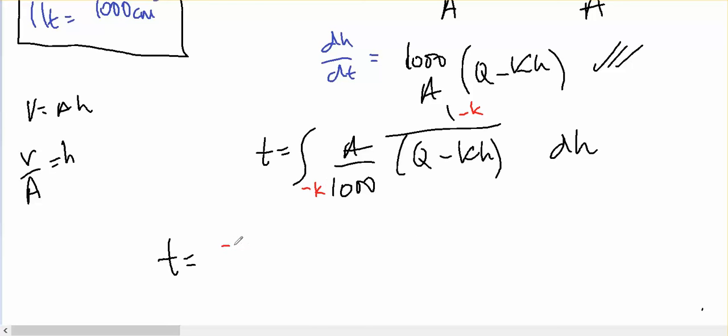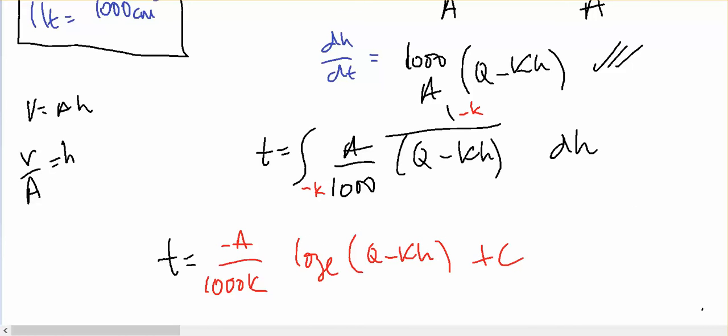So I've got negative A on 1,000k log base e of Q minus kH plus some constant C.